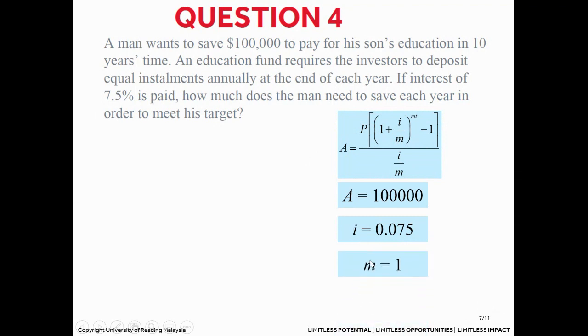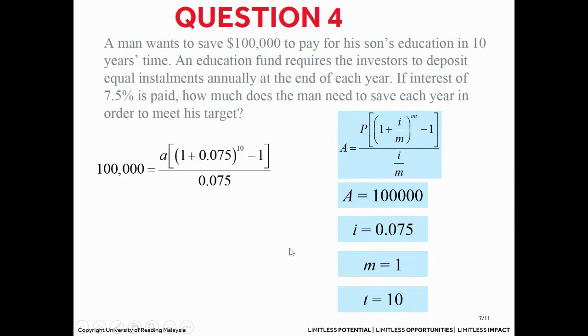M is 1 because you compounded annually, and time is 10 years. Sub all these values into the annuity formula. What we need to find is the payment, which is the amount that the man needs to save annually.